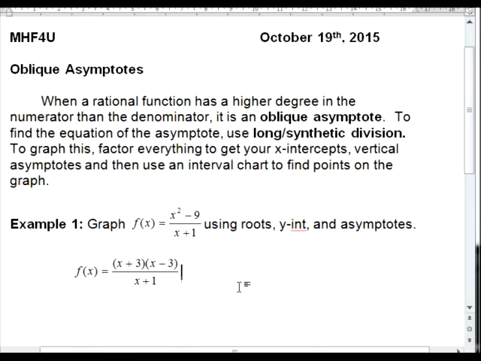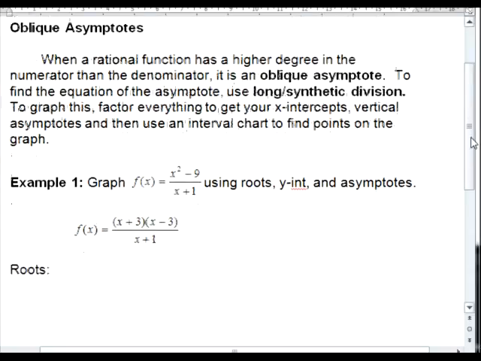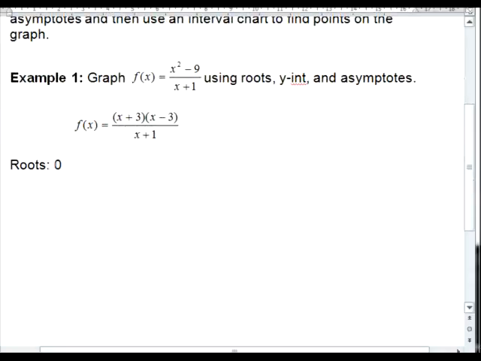I want the numerator to equal 0, so I'm solving the equation 0 equals x plus 3, x minus 3. Therefore, negative 3 comma 0 is a root, and 3 comma 0 is a root.